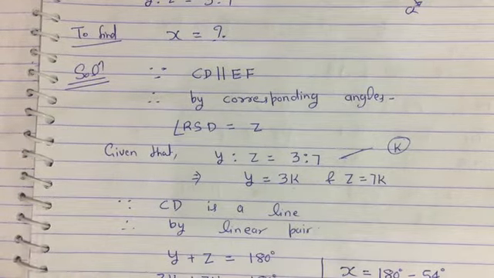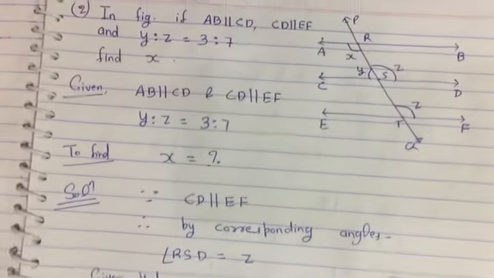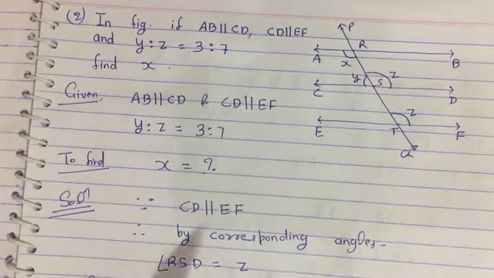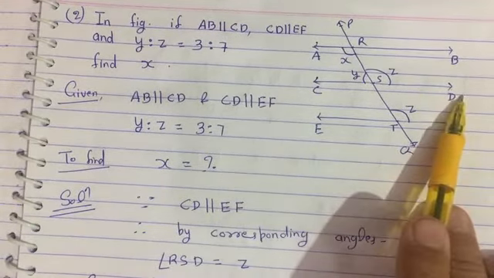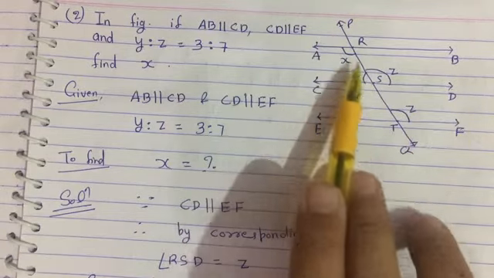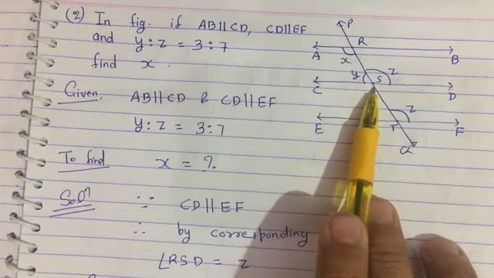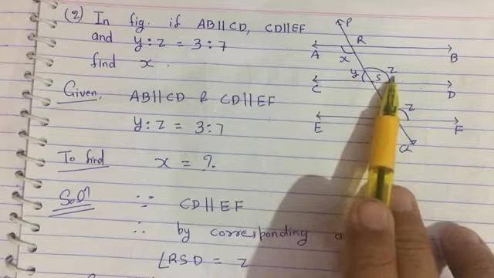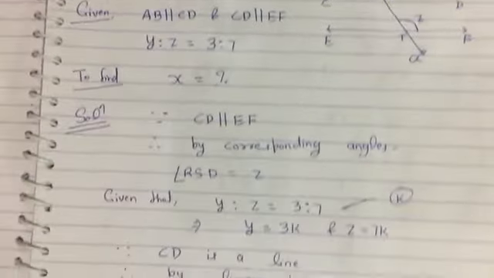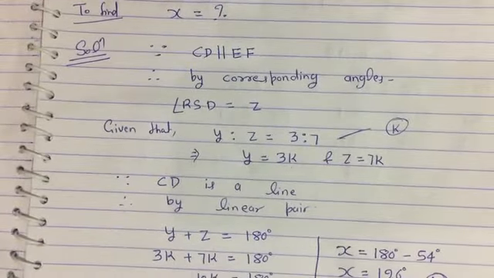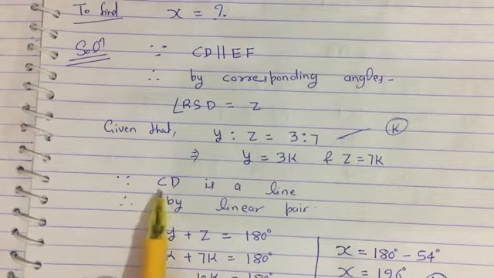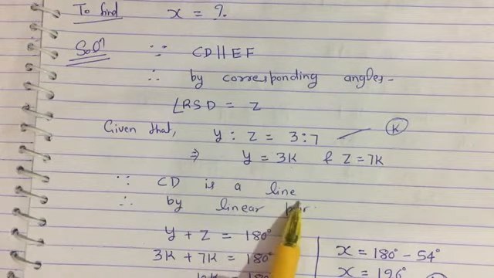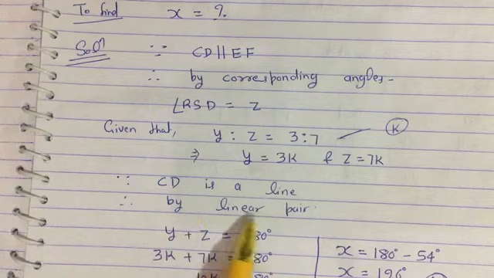Now the same concept we are going to introduce here: CD is a line and PS is a standing ray, and this comes from the linear pair. Since CD is a line, therefore by linear pair y plus z is equal to 180 degrees.